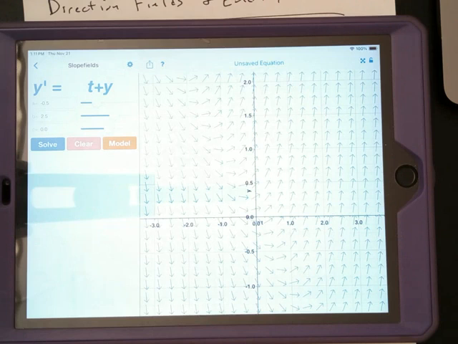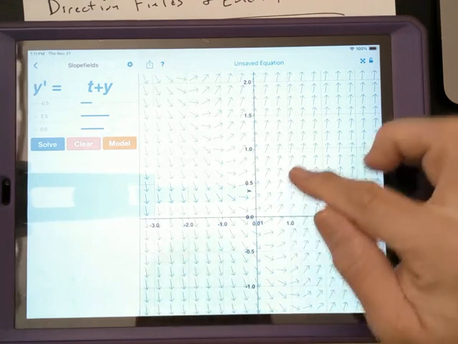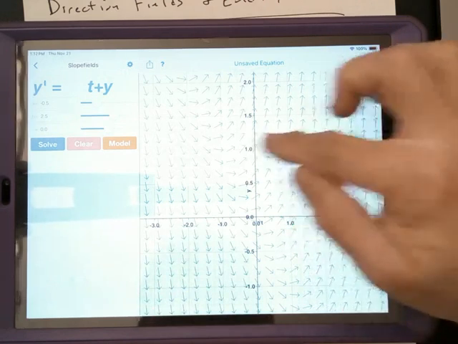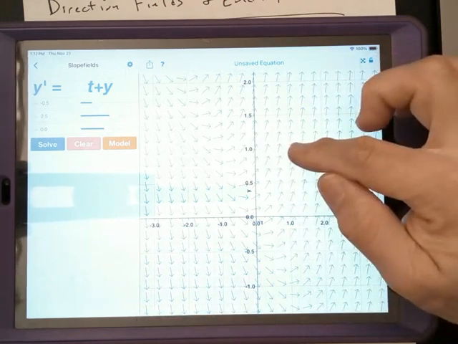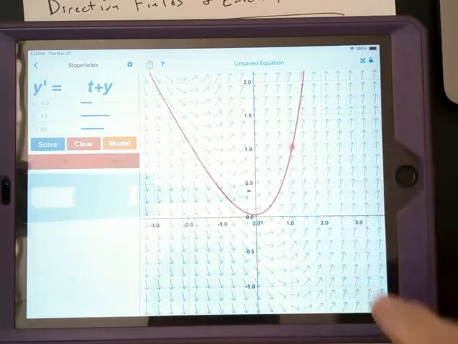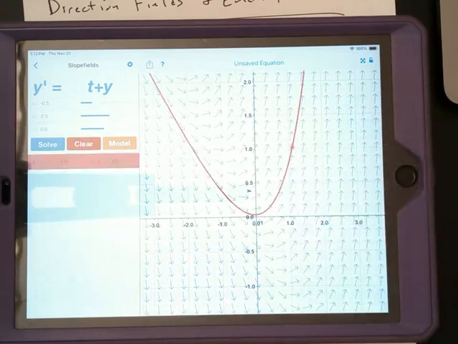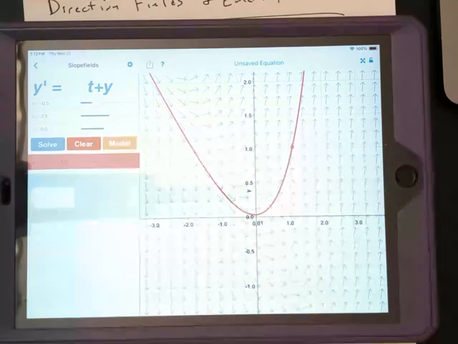The point you picked, Jacob, was 1, 1, right? So if I go through the point 1, 1, that's right here, based on my scale, I want to go through that spot. And notice how it follows the arrows. Those are tangent lines to my curve as we go to the right.